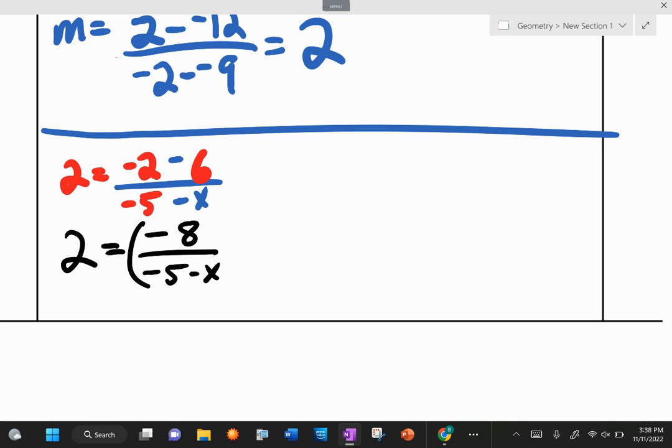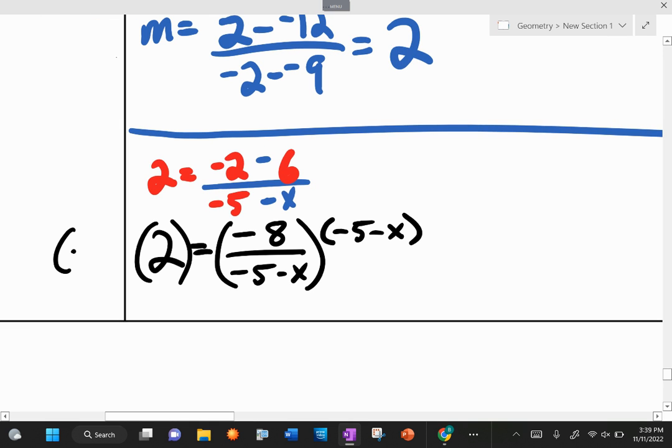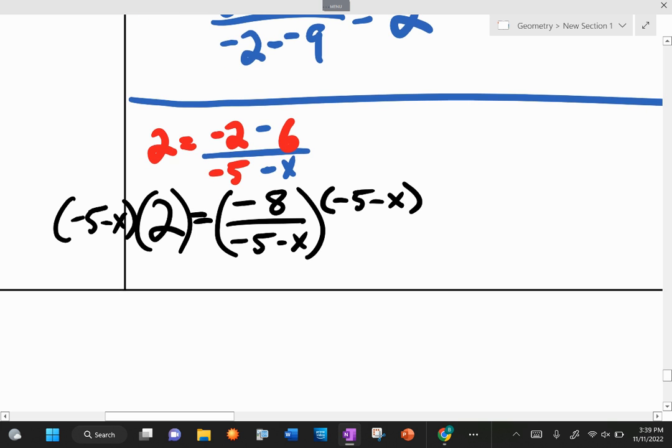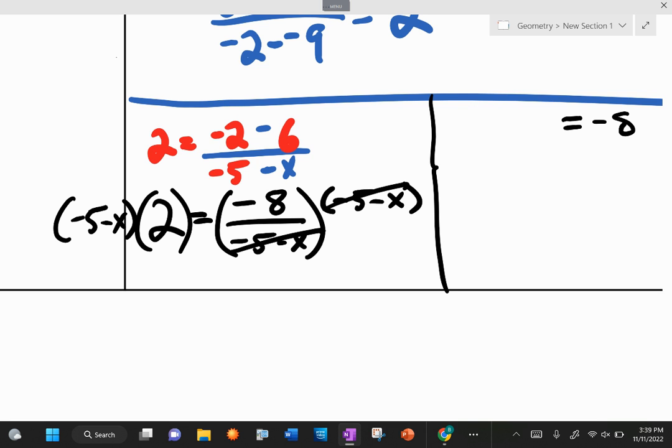So, here's what you do. I'm going to multiply both sides by the denominator. If I multiply both sides by the denominator, I'm going to continue my work on this other side of this line. The negative 5 minus x on top and on bottom will cancel out, and leave me with negative 8 on the right side. Then on the left side, I have to do what? Negative 10 minus 2x. Yeah, distributive property.